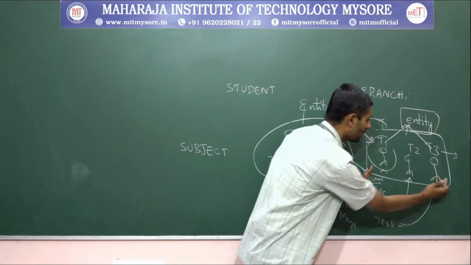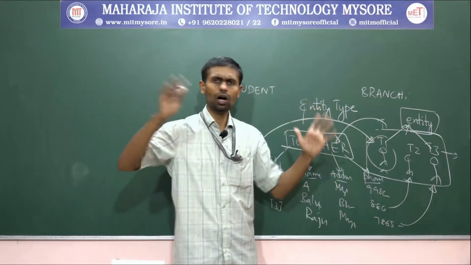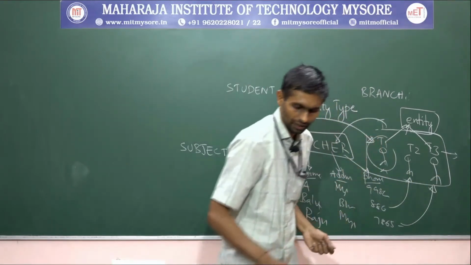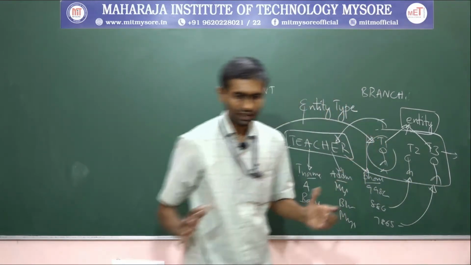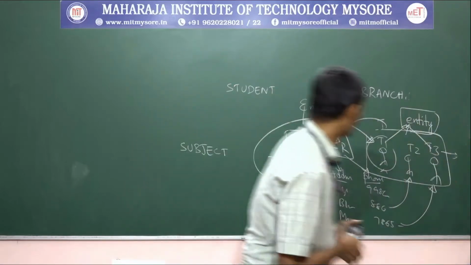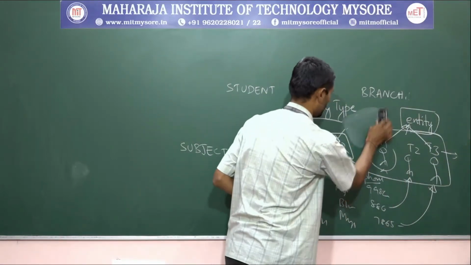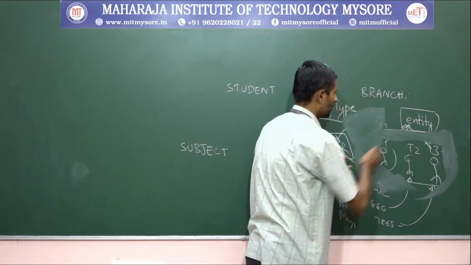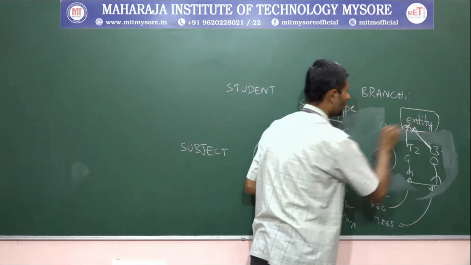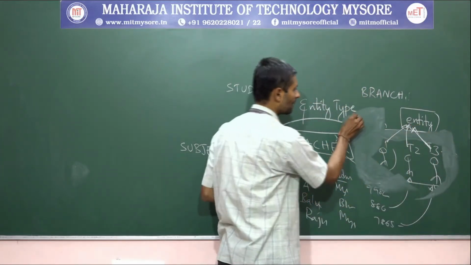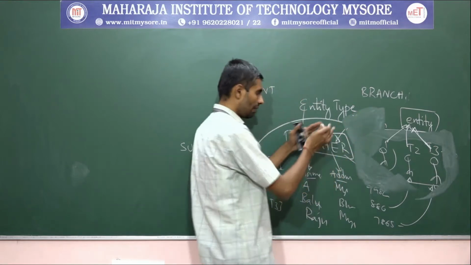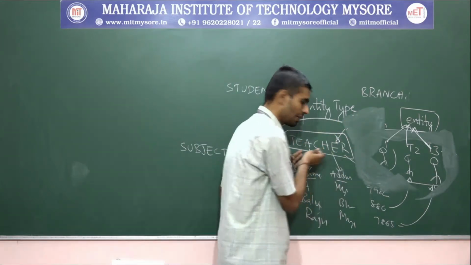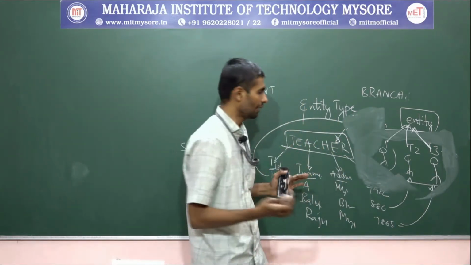T1, T2, T3 are all collected and grouped together. Each we call an entity, and the name given to this group is the entity type, teacher.